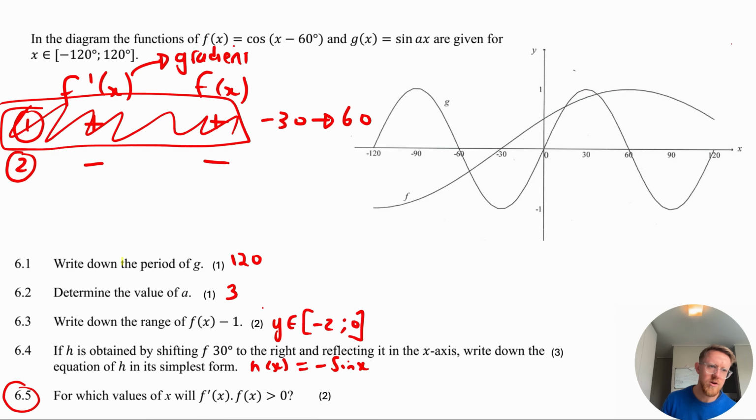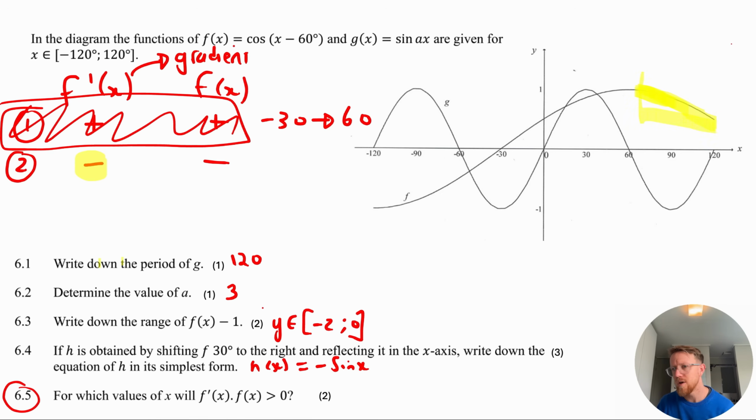So in scenario 2, we start off by looking at, are there any places where the gradient is negative for the graph of f? So where's the gradient negative? Well, that is literally just this portion here. That's where its gradient is negative. You can see that, right? Now, in that same area, are there any places where the graph is below the x-axis? Because that's what negative means, below the x-axis.